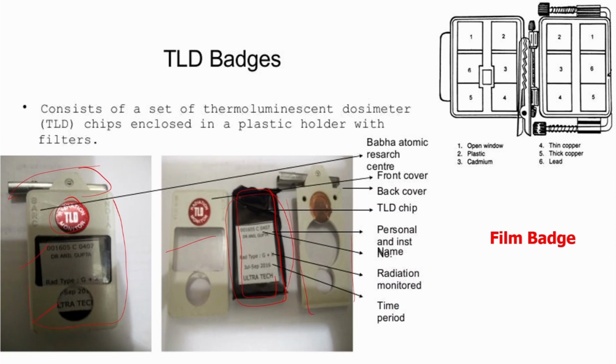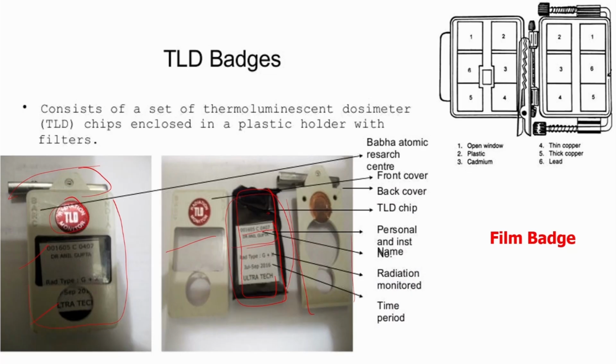BRC full form is Bhabha Atomic Research Centre. This is a front cover, back cover, and this is a TLD chip. The TLD chip contains CaSO4 material with dysprosium doping. And here you will find the TLD badge number. The TLD badge number consists of the institution number, the C for chest, because this is a chest badge, and the individual's number.